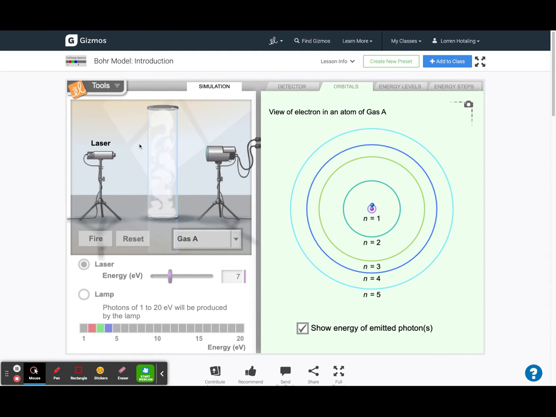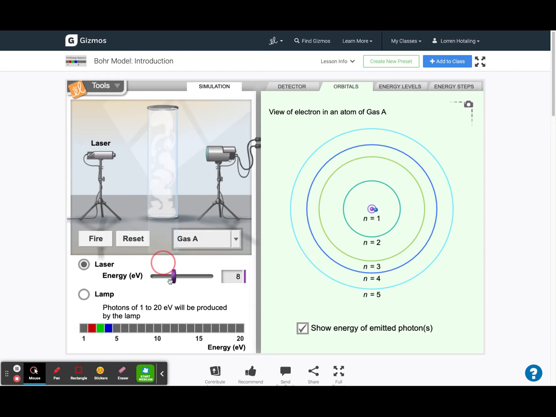Let's look at the gas chamber. Notice it emits 2 photons. And if we look at the cloud chamber again, the next time, it emits 1. So looking back at the orbitals, if the electron is excited to the n=3, it can either emit and drop back down to the n=1, or it could emit 2 photons from n=3 to n=2 and n=2 to n=1. So there's 2 distinct possibilities there.